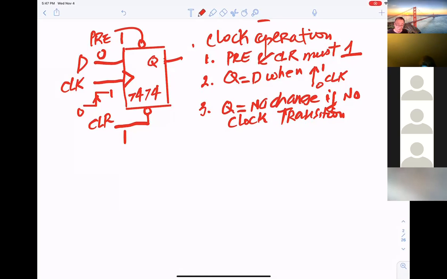When I apply the clock going 0 to 1 with D equal 0, what is Q? Q is still 1? How come they get a 1 at Q? Because Q has no change when the clock is in transition. When the clock gets a 0 to 1 transition, I said right here, number 2, Q equals D when the clock goes from 0 to 1.